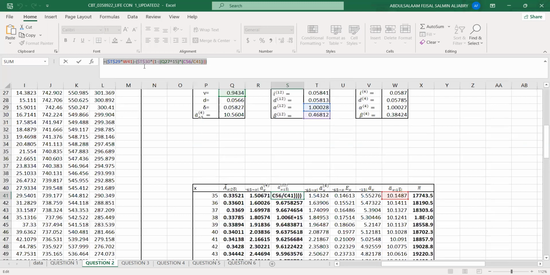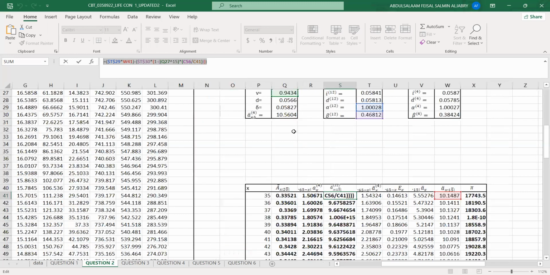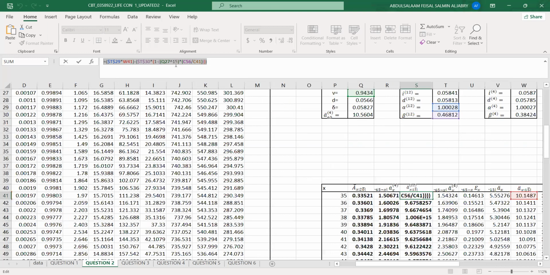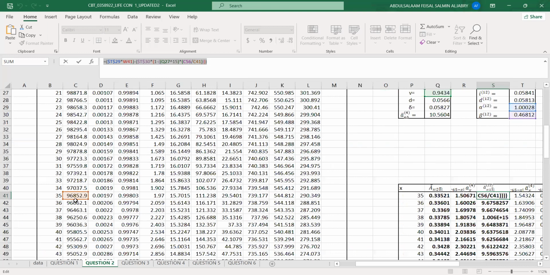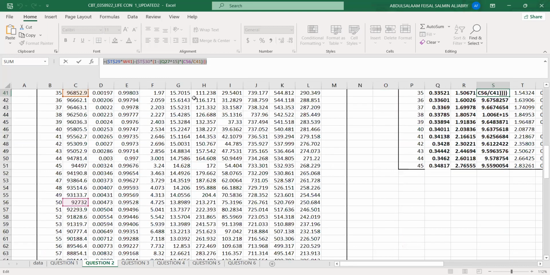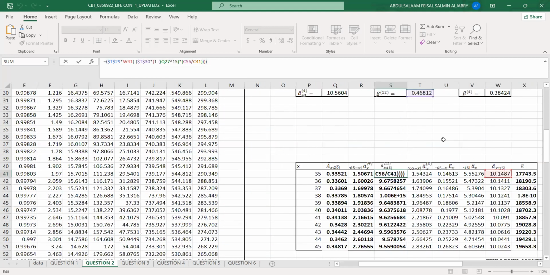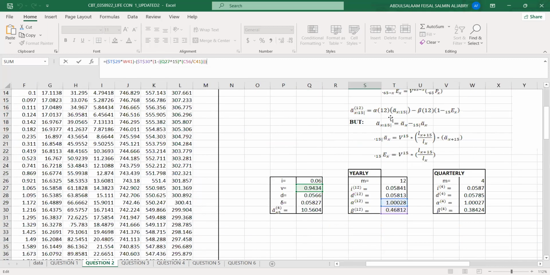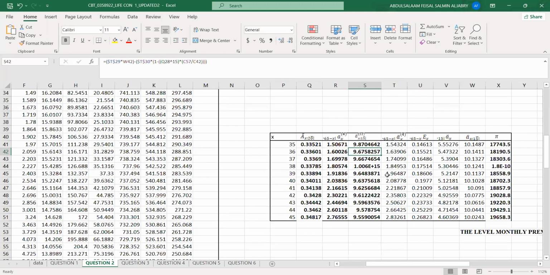The beta also needs to be put with a dollar sign, which means it's fixed, multiplied by 1 minus Q27. Q27 is basically the V power 15 multiplied by C56 L50 divided by L35. To understand this formula well, I just put it right here for you. So after that, I just press enter and drag the values all the way down to get everything.